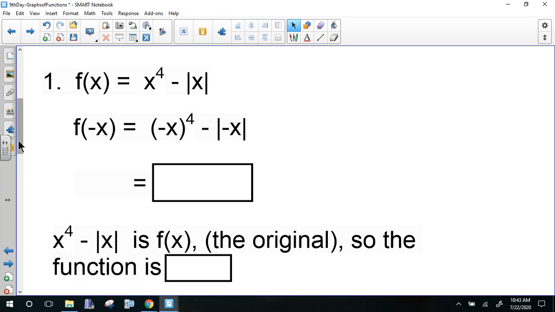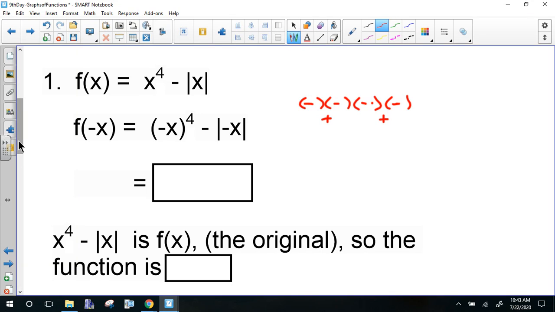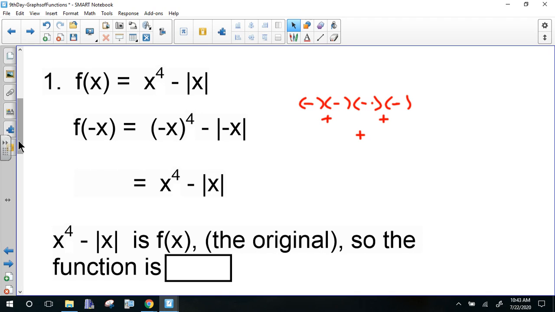If I do negative times negative times negative times negative, negative times negative is a positive, negative times negative is a positive, positive times positive is positive. It always works out to be positive if it's an even exponent. So that's going to be x to the fourth. Absolute value of a negative number, the negative goes away. So it all stays the same. It's the original equation that we started with. That means the function is even.